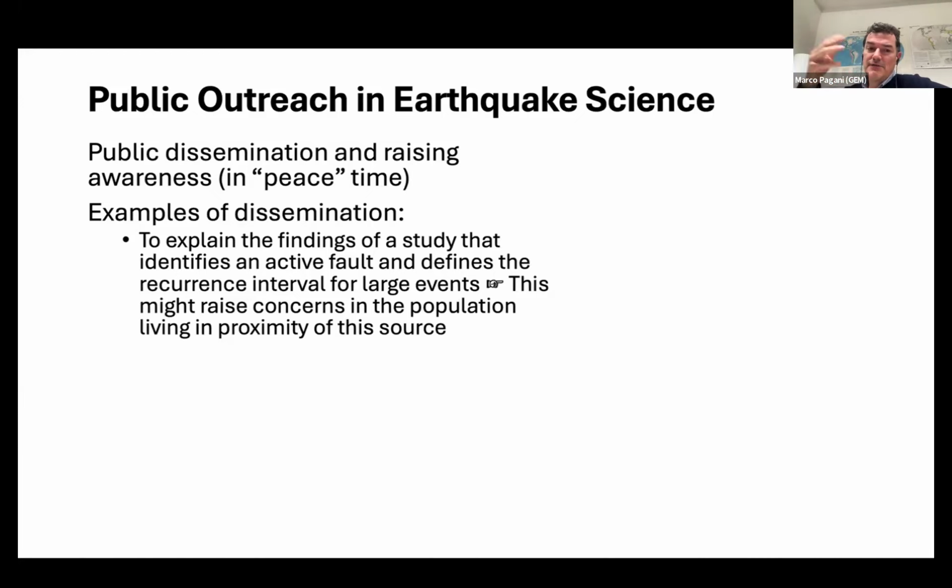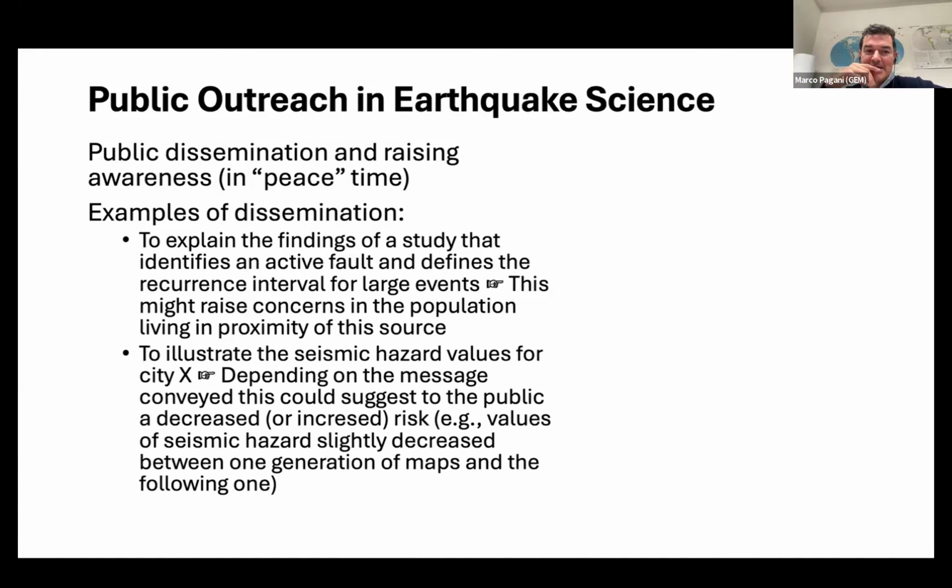And the consequence of that was that a lot of people got extremely scared, because the research had also been summarized in an article in a newspaper. And the consequence of that was that a lot of the buildings, a lot of the area that was along the fault has been gradually abandoned, and the price of the houses in that area got considerably reduced because of that.